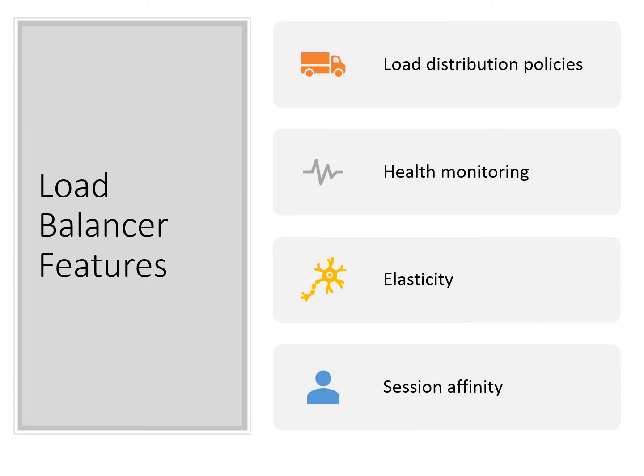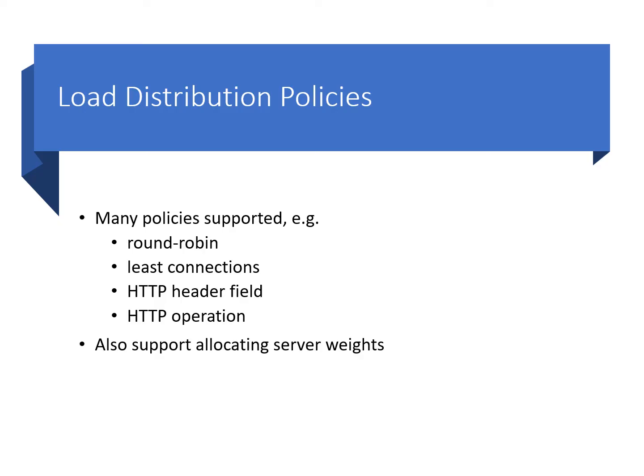In general, a load balancer is going to have the features shown on the slide here. Basically, load distribution policies, health monitoring of individual service instances, elasticity, the ability to change the capacity of the system dynamically, and session affinity. And we're going to explain these concepts on the next slides.